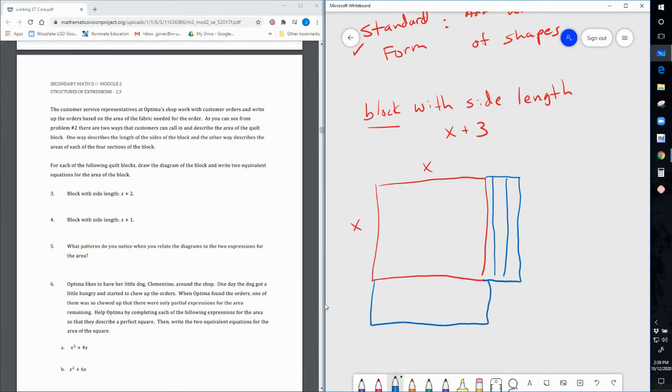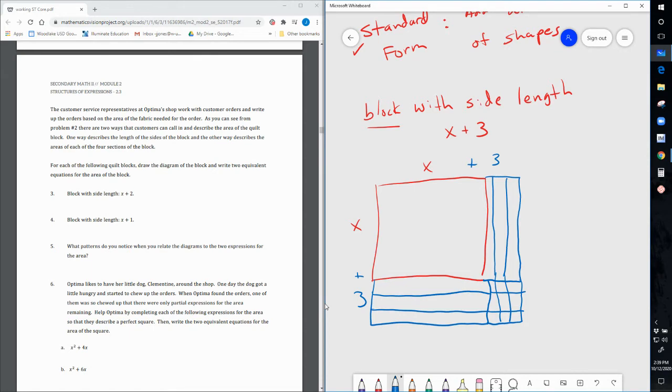Okay, so you're going to do 1, 2, 3, and then basically you're going to figure out how many. There's only one number that can go here if you just connect all the lines, and now this is x plus 3. So this is an example. It says draw it and then give me both equations.